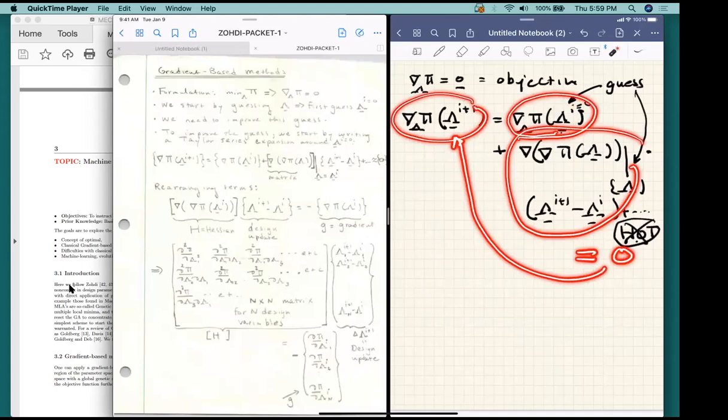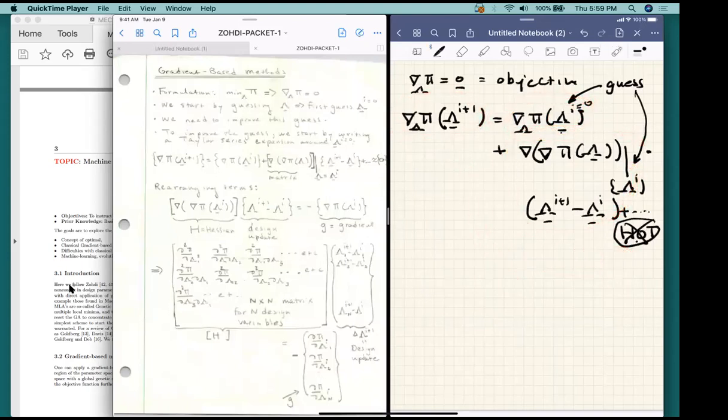Now, this gives me an equation. If I rearrange this, really what it looks like is the gradient of the gradient of pi evaluated at lambda i, multiplied times lambda i plus 1 minus lambda i, equals minus the gradient of pi evaluated also at lambda i.